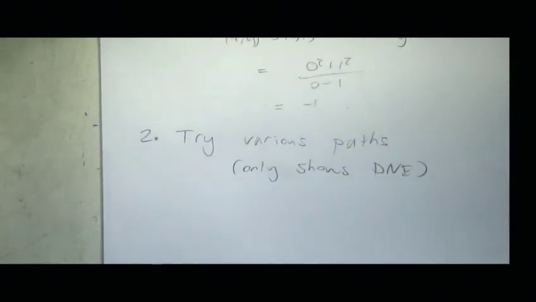And the paths you should choose usually are x equals something, y equals something, and x equals y. That's your best bet. But you want to choose something that will allow you, and it's always a fraction that's the issue. It's always fractions that are the issue. You want to choose something that causes something to cancel so that you can see what's going on.